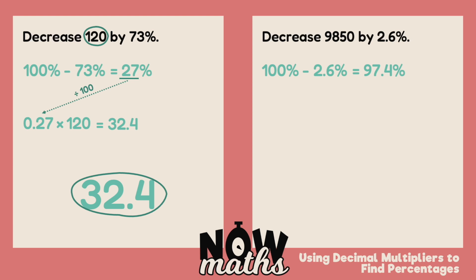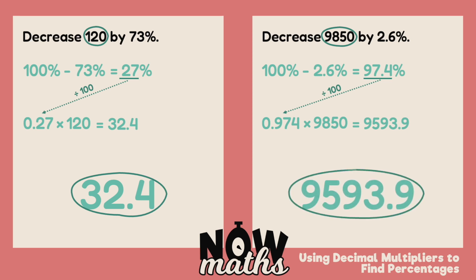Now to find our decimal multiplier, we divide 97.4 by 100 to give us 0.974. And since we're decreasing 9,850, we need to multiply 0.974 by 9,850 to give us an answer of 9,593.9.